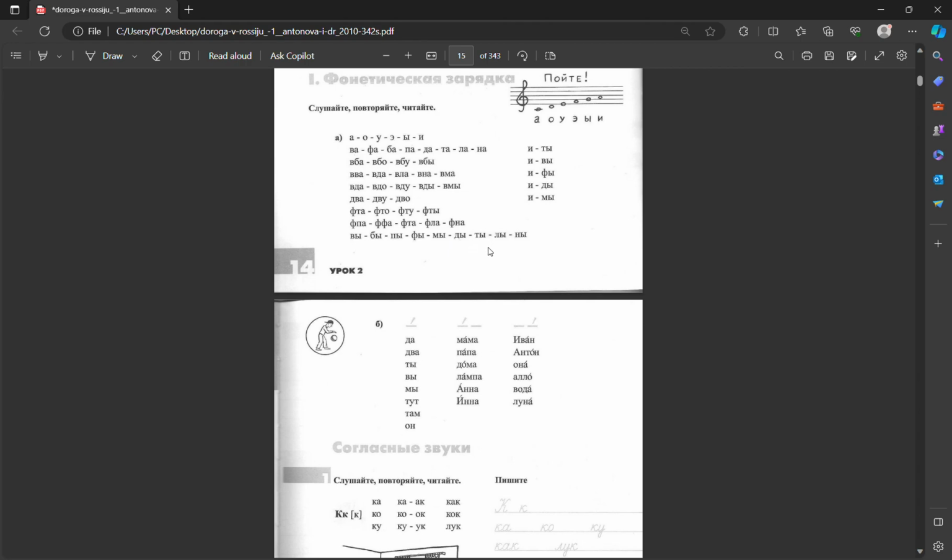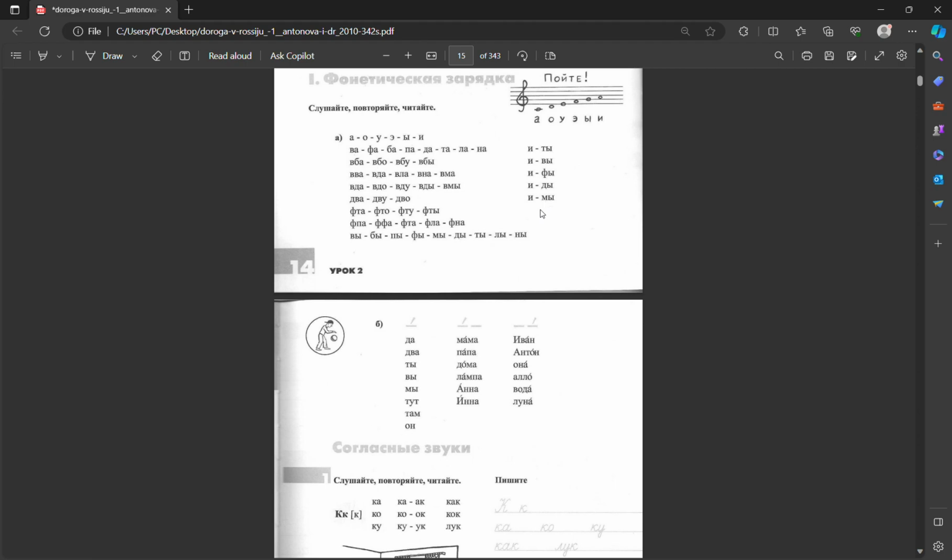Just make a difference between the D and T sounds, because it is very sensitive in this case. Ly, ny. Now, и, ты, и, вы, и, фы, и, ды, и, мы.